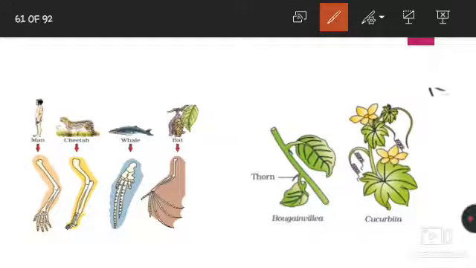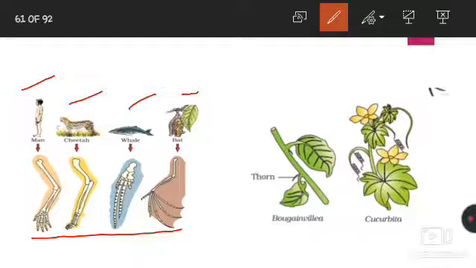In this example, you can easily see the bones of the forelimbs of different organisms, that is man, cheetah, whale and bat. As you can see, the bones of different organisms are the same.